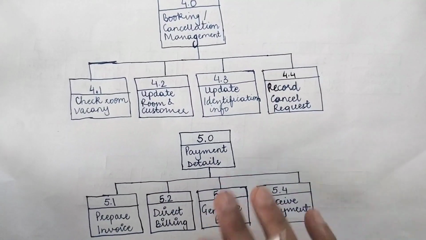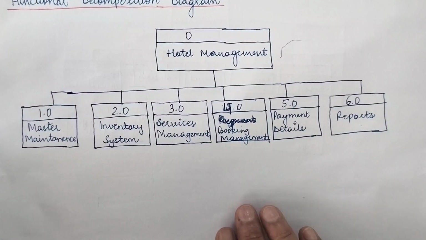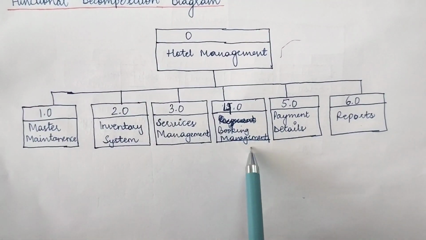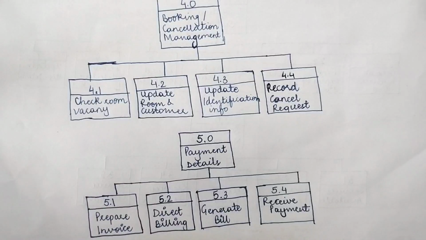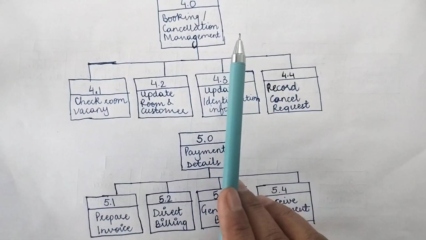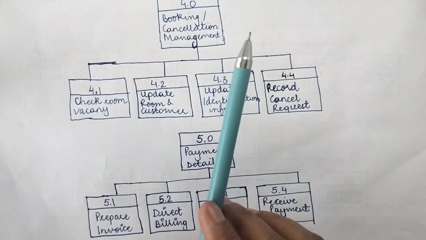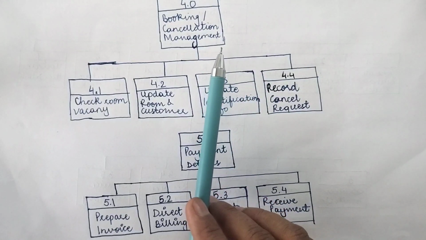Then in the fourth iteration, as you can see, the fourth sub process within the hotel management system was the booking management sub process. So here you have seen that the booking or cancellation management sub process has been explained in detail. So what all things have to be looked at when you are booking or cancelling a particular request.